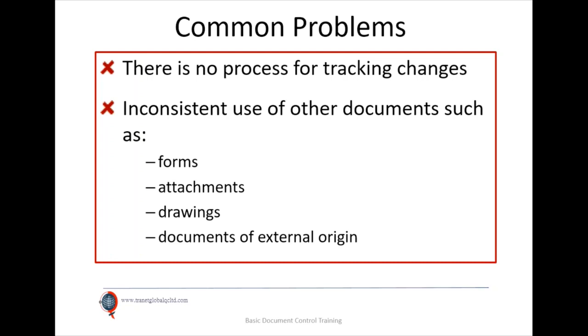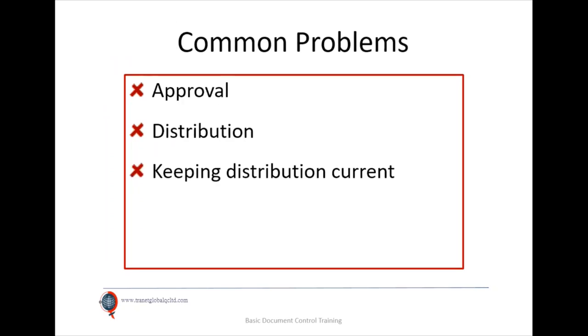The next problem is approval. You may have a document where the person who prepared it has signed, the person who reviewed it has signed, but the person authorizing the use of the document has not signed, and you find it in circulation.